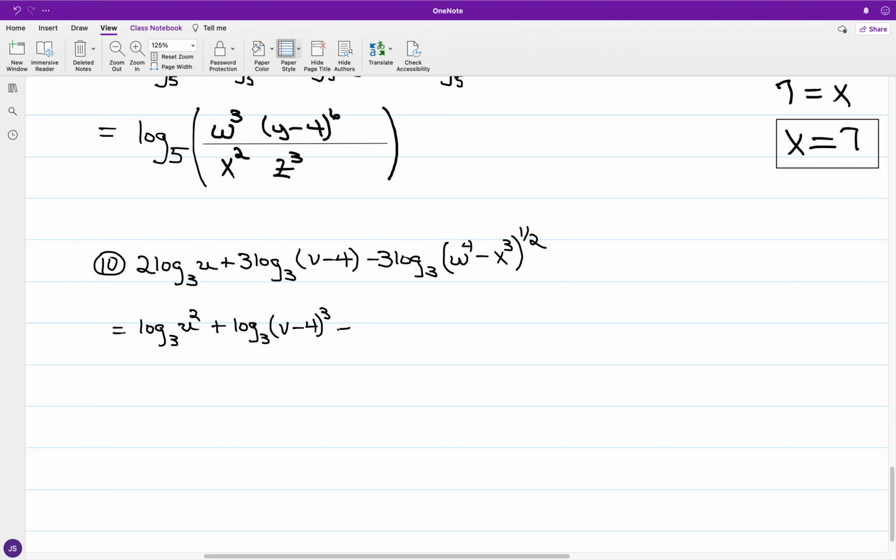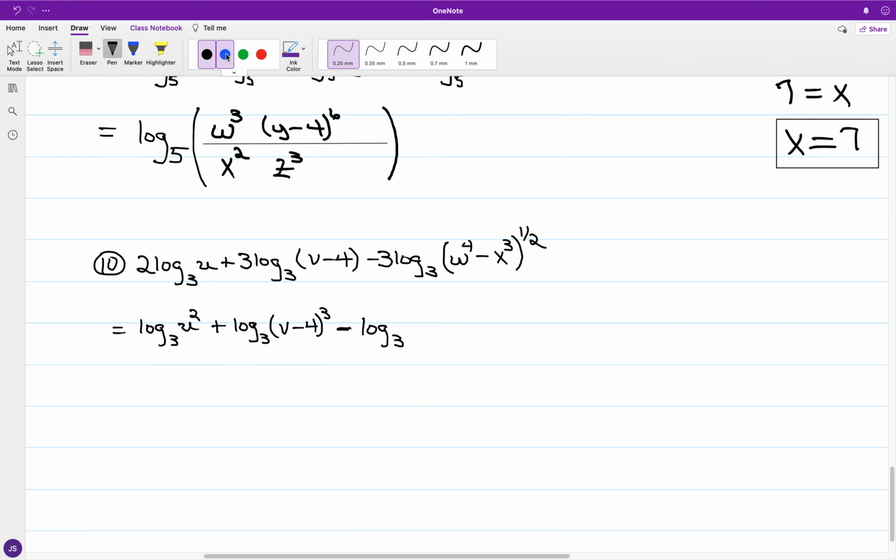And then we have minus, and that 3 is going to be in its own capacity part of the formation of the power to which the w to the 4th minus x cubed quantity is going to be raised. So you have minus the base 3 logarithm. Again, I'm adding parentheses to create a layer upon which the 3 is going to affect what is already the 1/2 degree.